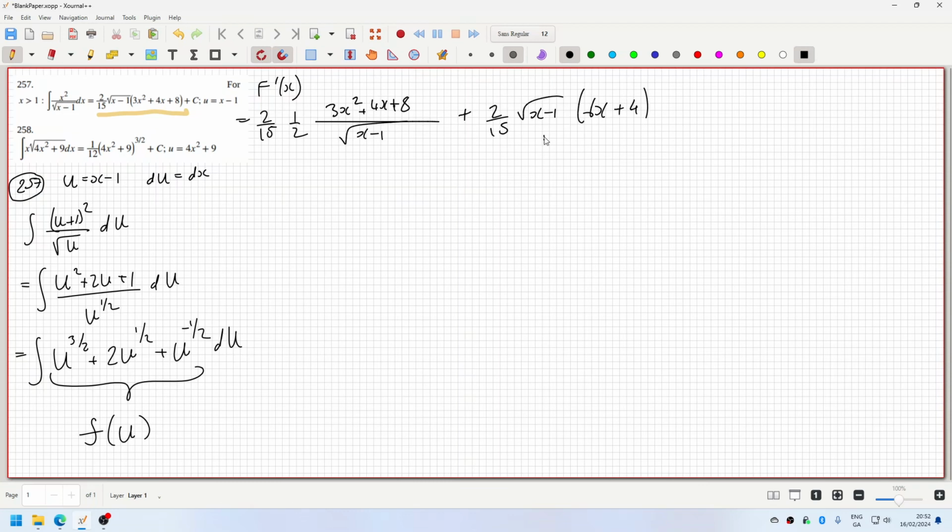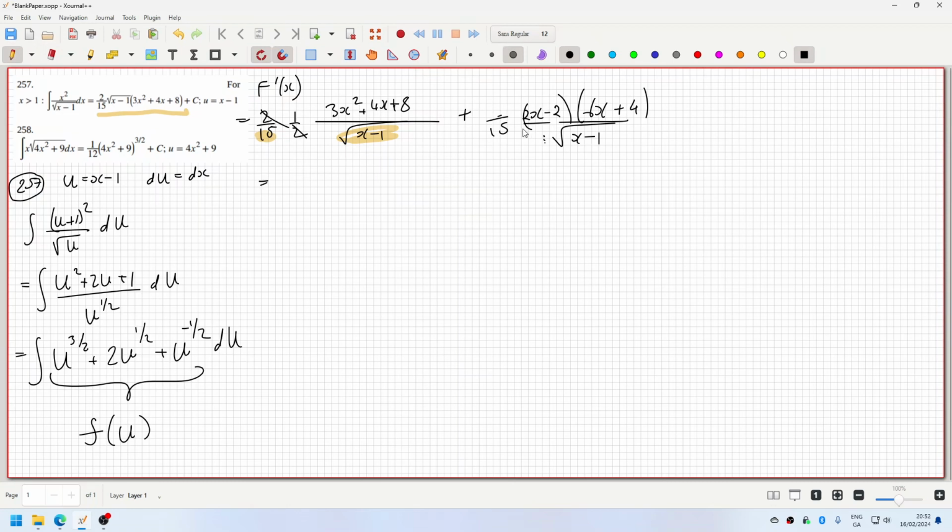So cancel the 2's here, and 15 and a root x minus 1. So put a root x minus 1 here and multiply it on the top. Multiply the 2 in.